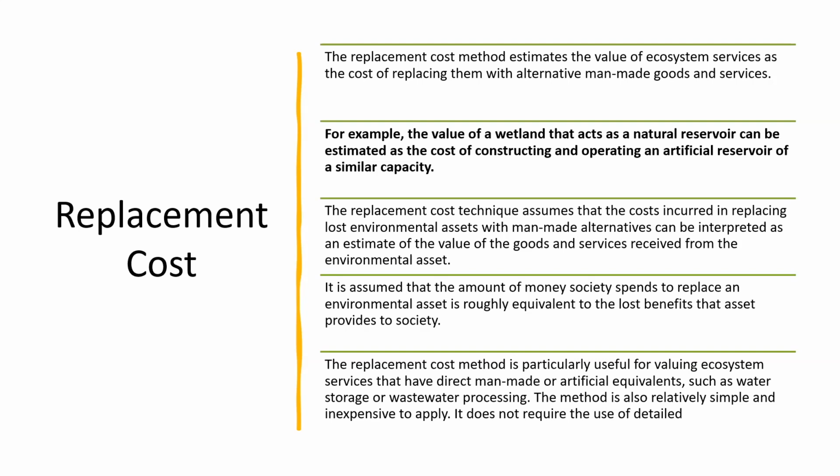And what you're saying is that if you destroy that wetland or you fill up that wetland for, say, development, you can estimate the cost. The value of the wetland would be based on the cost of constructing and operating an artificial reservoir of a similar capacity.